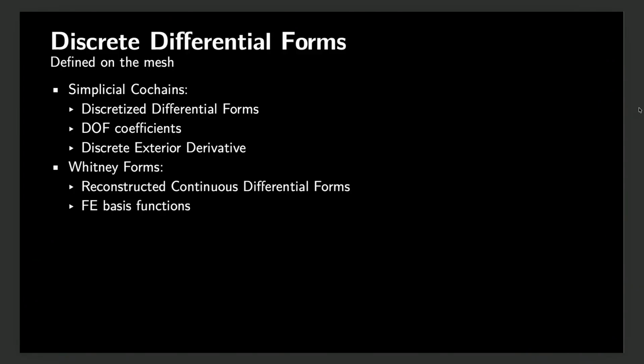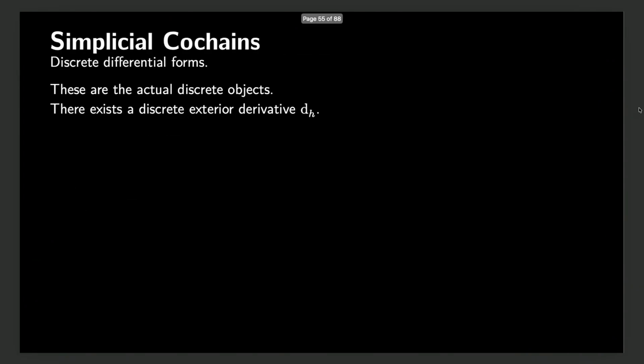The other side of the story are Whitney forms. They are basically the differential forms, the proper ones, you can reconstruct from the cochains. And the Whitney basis is then our finite element basis functions. So let's start with simplicial cochains.